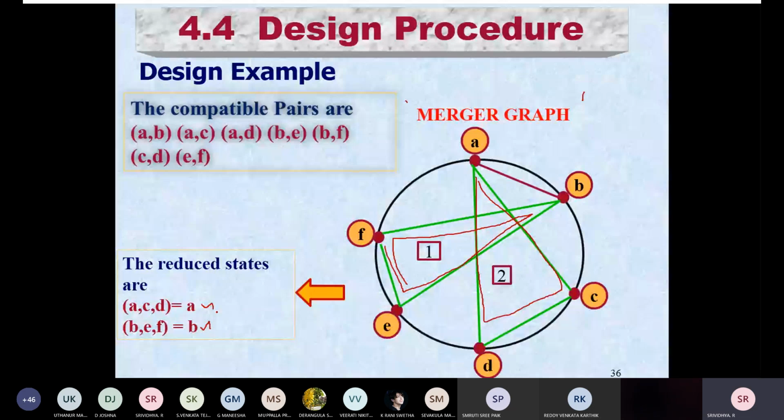Clear why we have done all these steps, why I have gone to implication and why I have gone to the merger graph? I'm going to reduce my six states to 2 states. Clear? Any doubts for anyone?